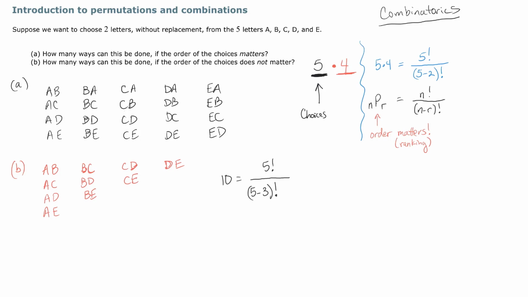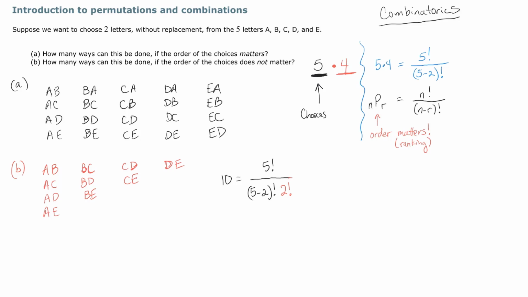Oh, wait. I'm going crazy. No. Stop it. I am saying 5 minus 2 factorial. Yes, that is correct. Now I'm going to divide out by 2 factorial. There we go. Like this. Yeah, that's it. And that really is 10.